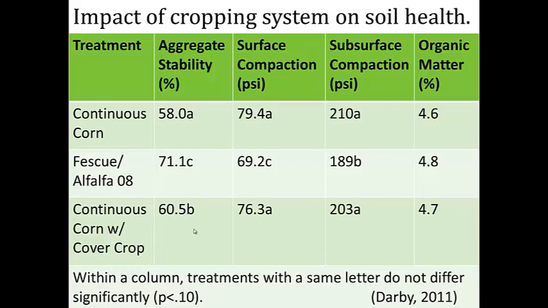It increases the aggregation of the soil, and it also decreases the amount of compaction and slightly improves the amount of organic matter in the soil. So you can see the value of adding cover crops, adding that organic matter, and also adding a perennial forage crop into a crop rotation system.